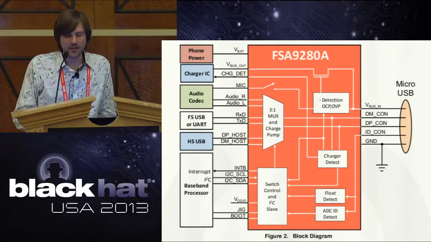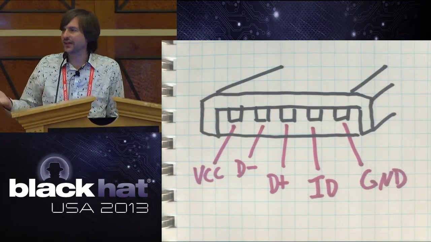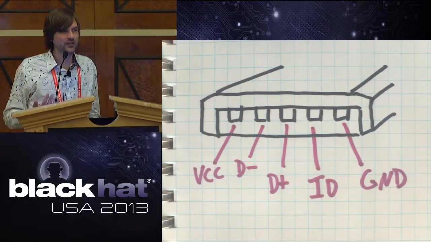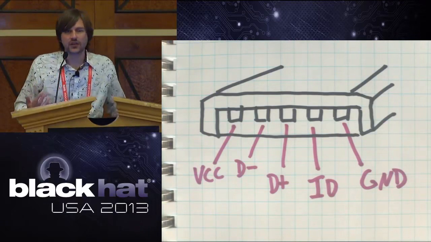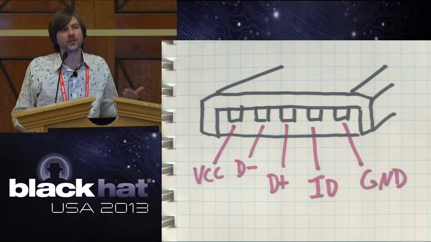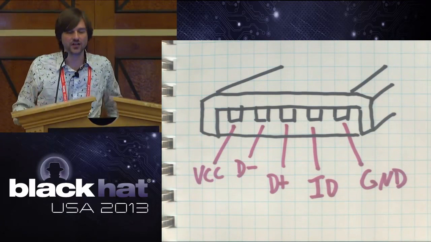So how do these things detect a device? Like, how do they determine what device is connected? They do it using a technique that's generally referred to as accessory detection by the chip vendors. So if you're searching for these multiplexer ICs, that's a key word that you want to look for: accessory detection.